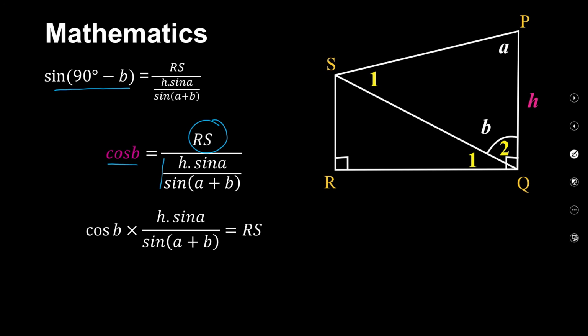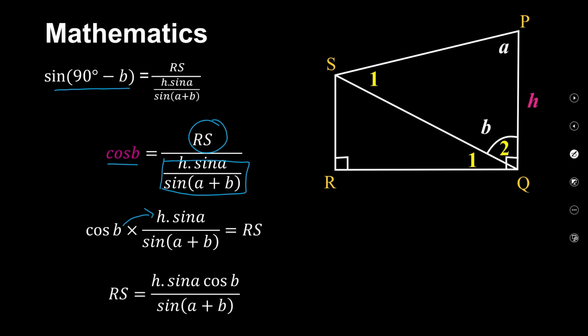Once I've done that, it's cos of B times H sine A over sine of alpha plus beta, and I've just got to neaten up the algebra here. And there we go. We now have an expression for RS, which involves all our variables as they expected. So RS is equal to H sine A cos B all over sine of alpha plus beta.